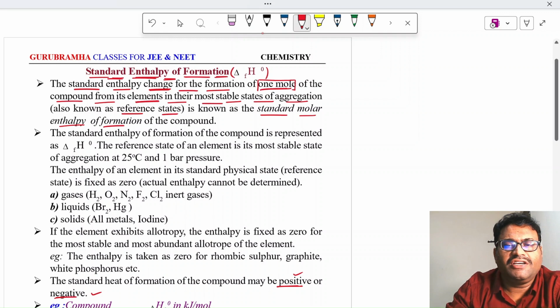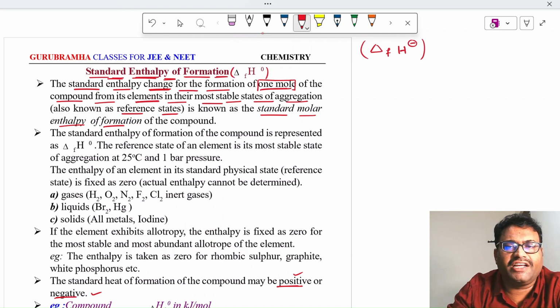What is that? Standard molar enthalpy of formation. How is it represented? Delta f H. This is how we represent standard molar enthalpy of formation. You can write it in this way, or it can also be written in this way, it doesn't matter. The not symbol in the superscript represents that it is standard.